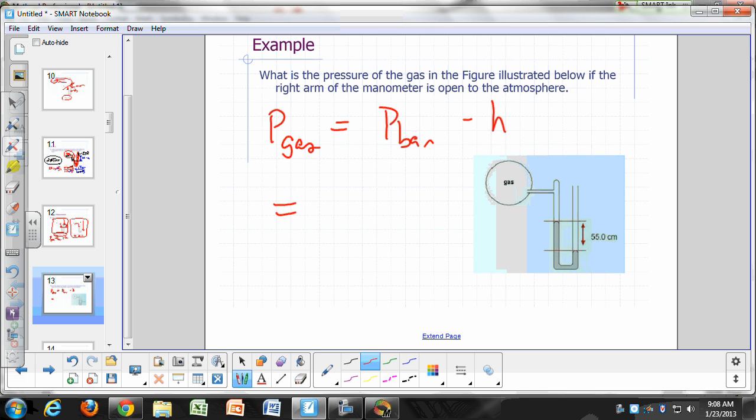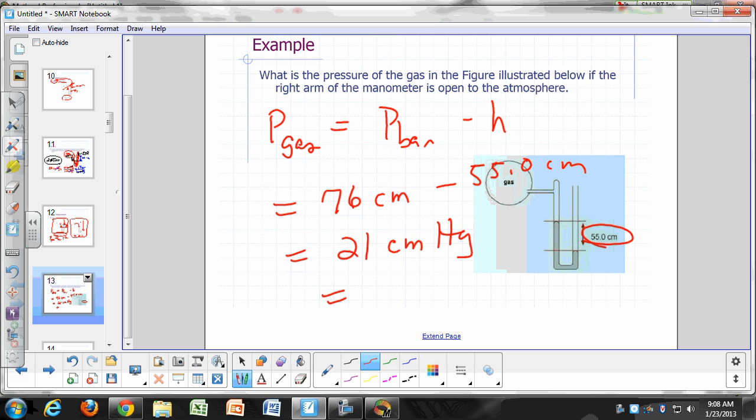What's our barometric pressure? Let's just assume we have 1 atmosphere. So what's 1 atmosphere in centimeters? About 76 centimeters mercury, minus our height, which is 55.0 centimeters. So what's 76 minus 55? 21 centimeters of mercury.